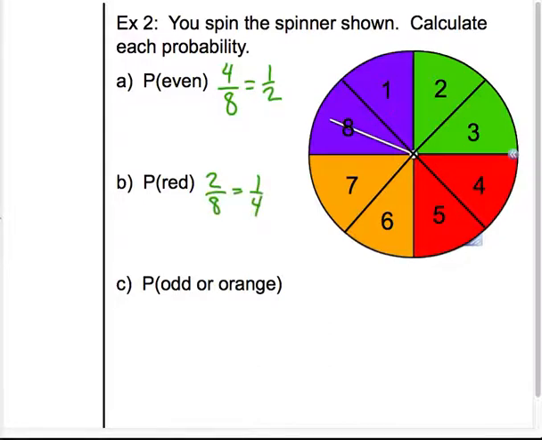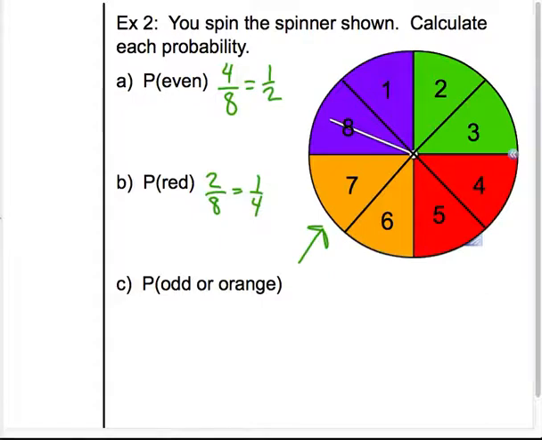This last one, what's the probability that we land in an odd space or an orange space? So when we're looking at this, I see 4 odd spaces and 2 orange spaces, but one of the spaces is odd and orange, so we can't count that twice. So we could just go around. Let's count.